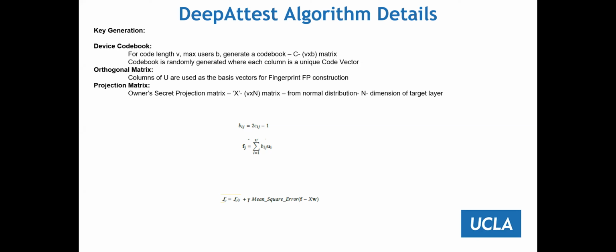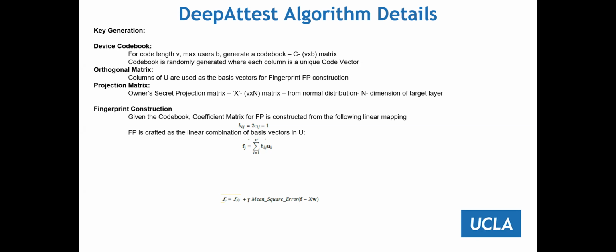So how do we do this? It's just a simple math expression. In the fingerprint construction, we use the code book's column vectors, and the coefficient matrix for the fingerprint is constructed from this equation. Bij is generated from Cij, which is taken from the code book, and this is the equation through which we arrive at Bij, the coefficients which will be useful in fingerprint generation.